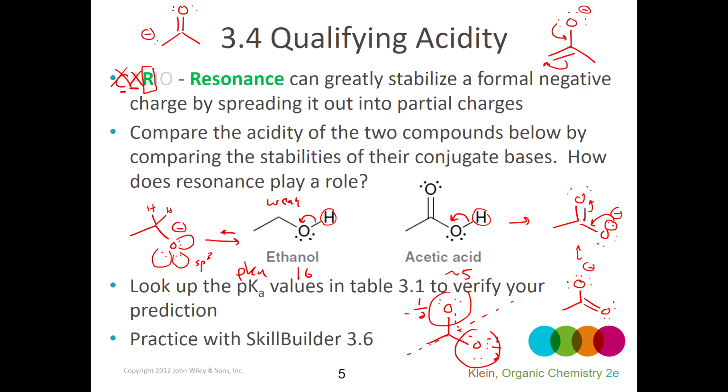So in that case, if I were looking at the hybrid, since this contributor is significantly more stable with the negative on the oxygen than the other contributor with the negative on the carbon, there's going to be a much greater quantity of partial negative on the oxygen and only a very small quantity of partial negative on the carbon in comparison.